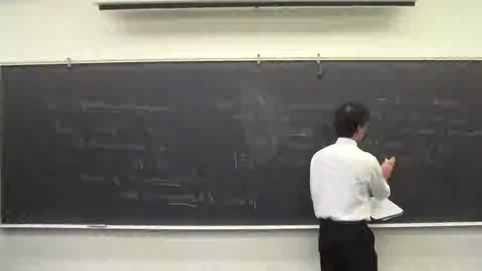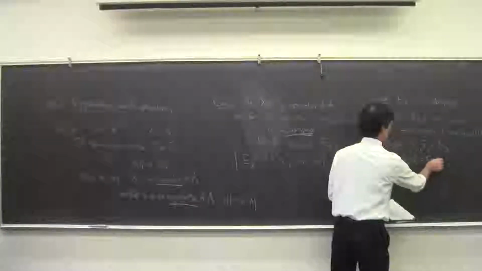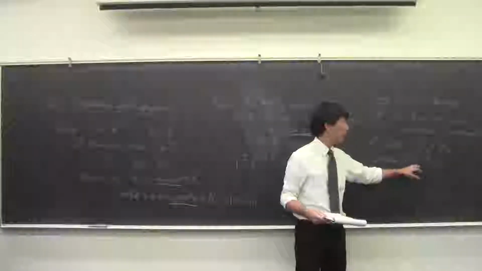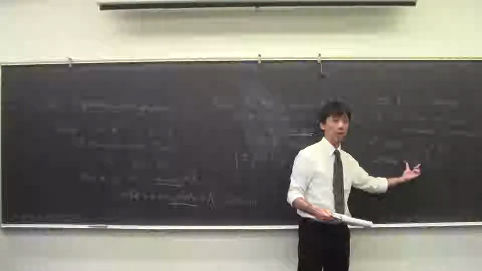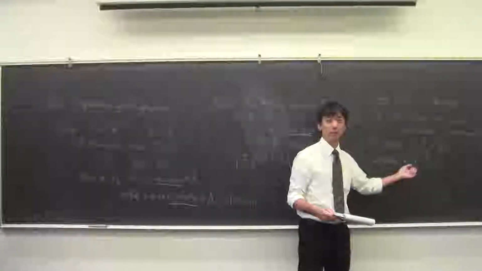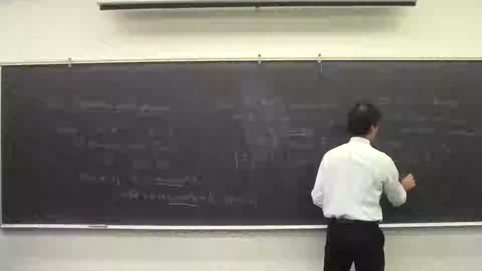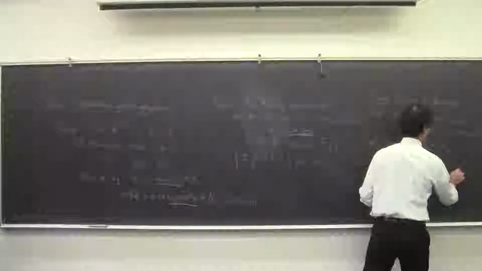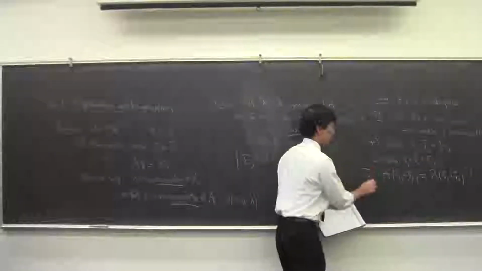Let's show that the sum is in E lambda. Being in E lambda means that you're an eigenvector. What do we need to do to show this guy's an eigenvector? We multiply it and see that we get lambda times it. So is it true that this thing equals this thing? Is that true?